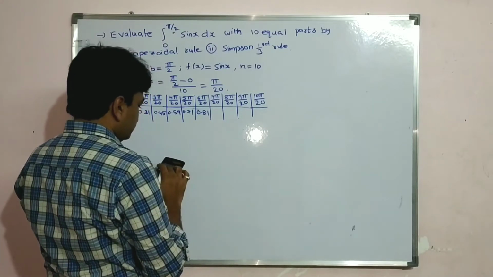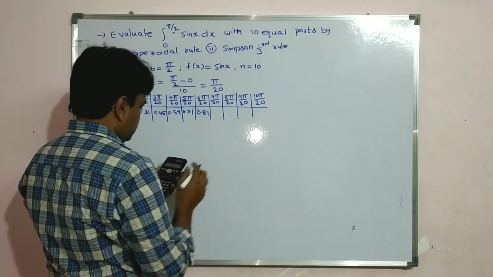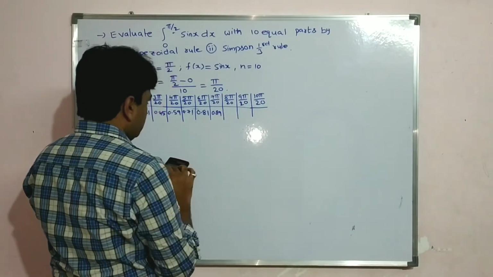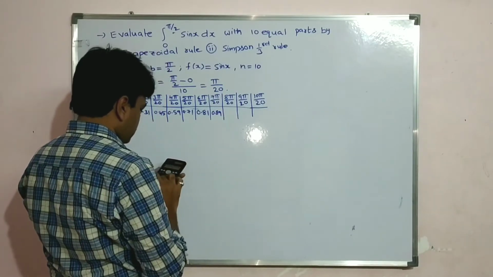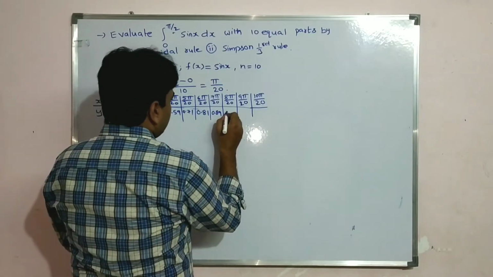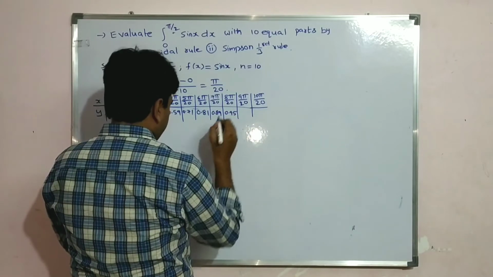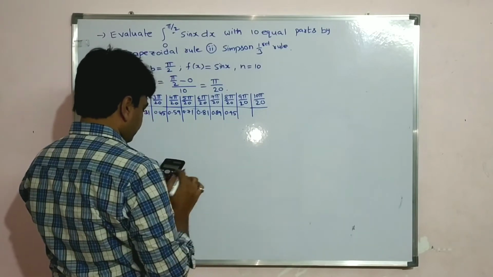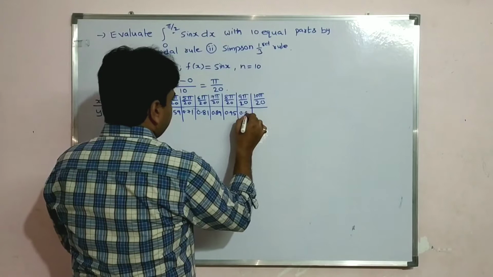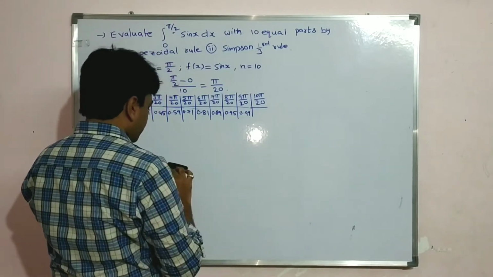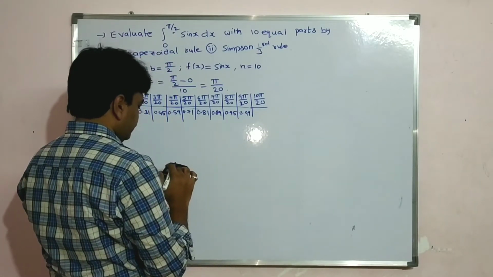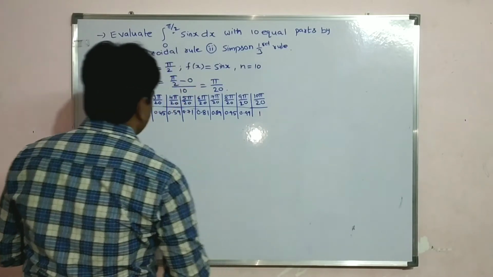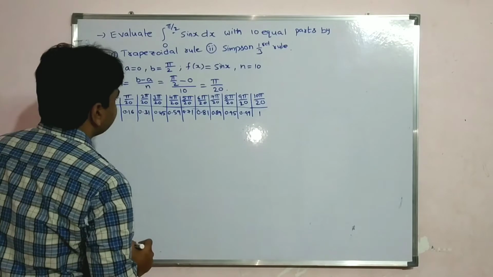You write 7: 0.89. You write 8: 0.95. 9: 0.99. And 10: we get the value 1, students. 10 means the value is 1.